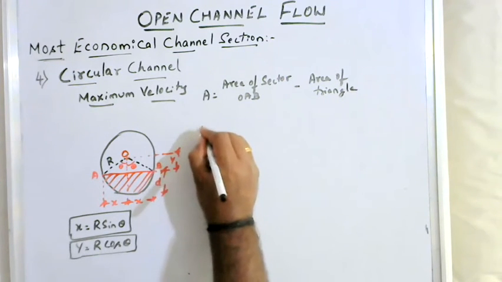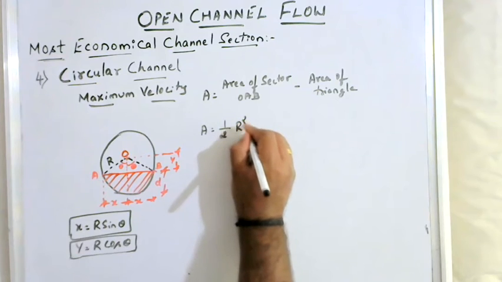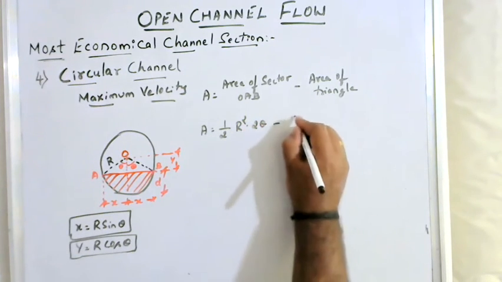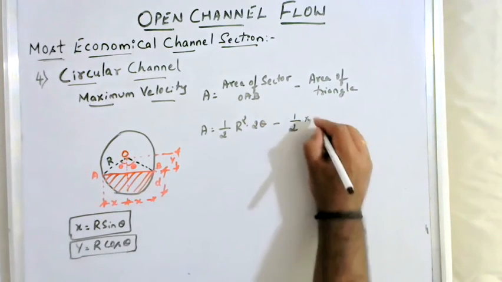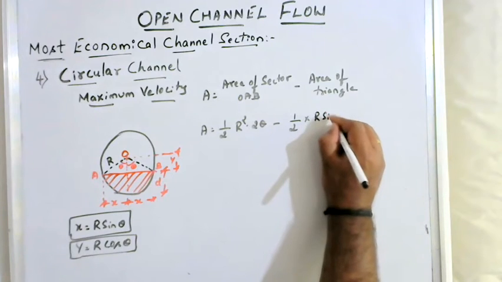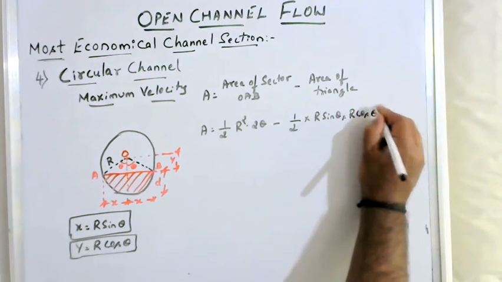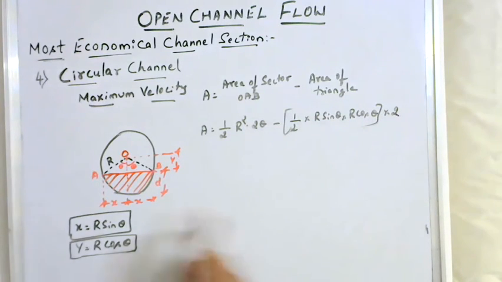The area of the sector is half radius squared into the total angle 2 theta, minus the area of each triangle, which is half into x into y, that is r sine theta into r cos theta, multiplied by 2 because there are two triangles.